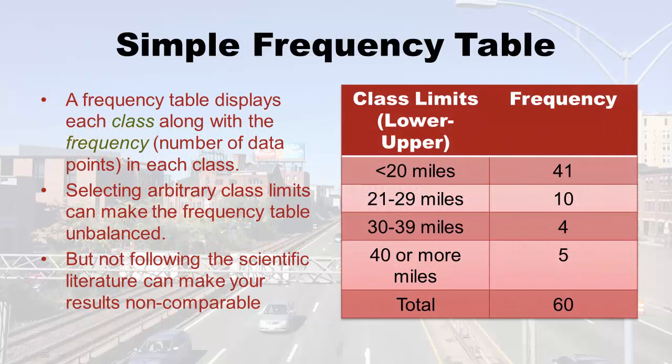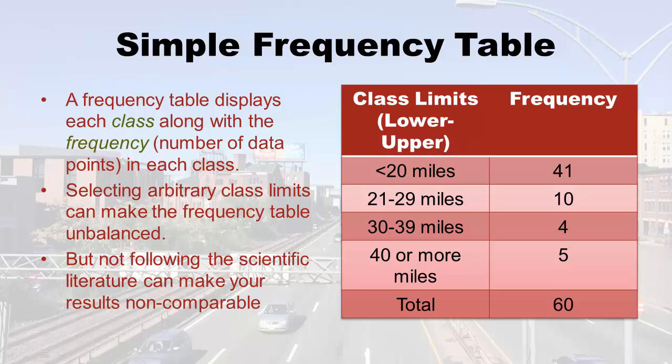Now I described to you that whole class width, but I'm not going to use it in the example because we don't really do that much in healthcare, and it actually makes it kind of hard to understand because you want something that's a little intuitive. Like if you look on the slide right now: less than 20 miles, 21 to 29, 30 to 39, and then 40 or more.